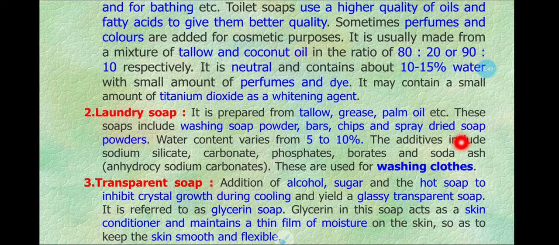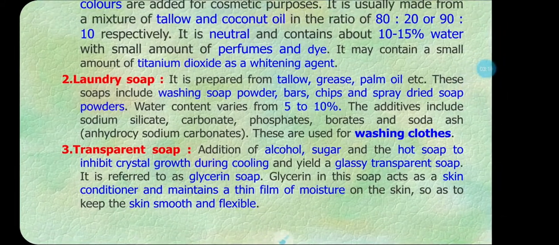The additives include sodium silicate, carbonate, phosphate, borate, and soda ash, anhydrous sodium carbonate. These soaps are used for washing clothes, etc. For laundry purposes, that's why this class of soap is called laundry soap.